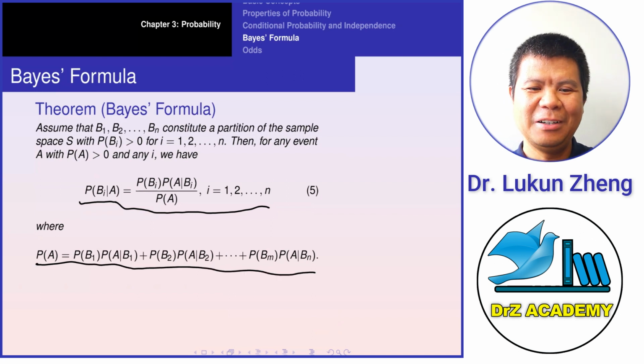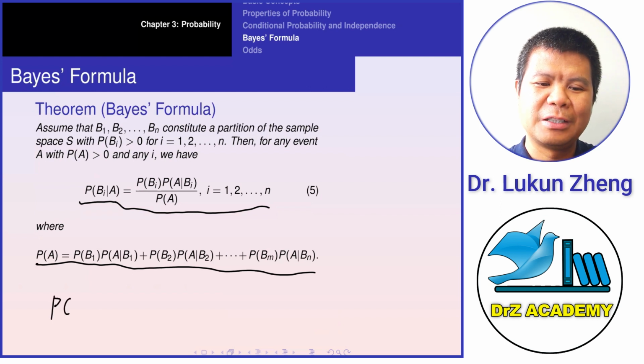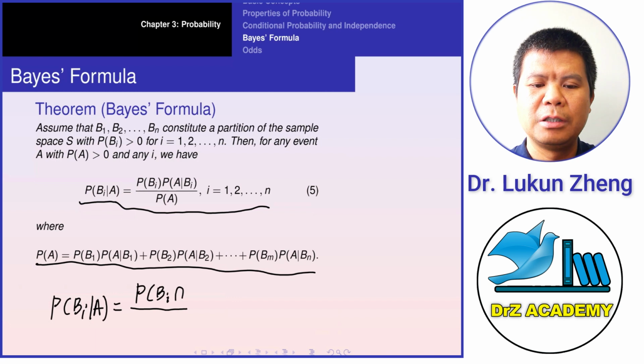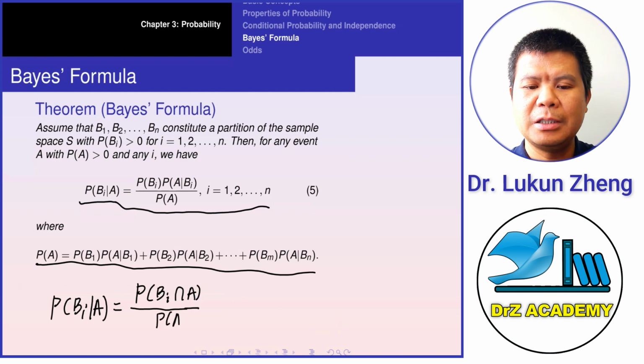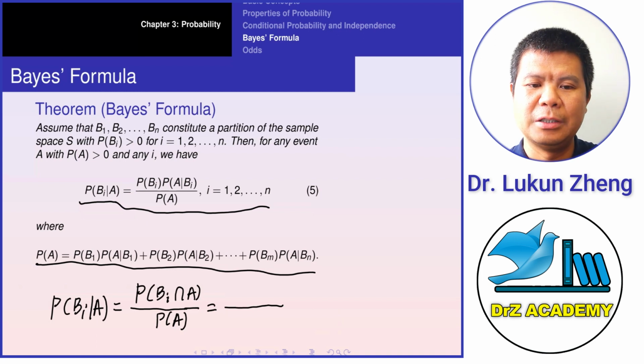So now let's just prove this one. It's pretty easy to prove. This equals, by the definition on the top, Bi intersect A over P of A. You can see this one on the top, using the product rule, is probability of Bi times P of A given Bi.